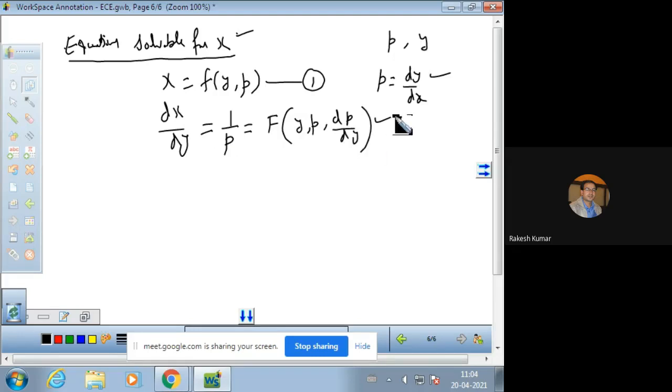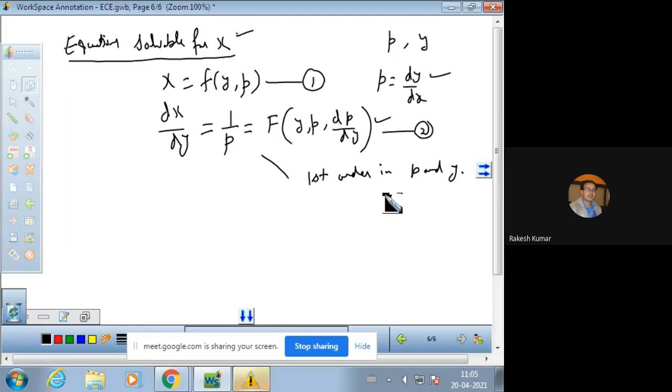This will be a new function, and you can give it as number 2. Now equation 2 is also a differential equation of first order in p and y.